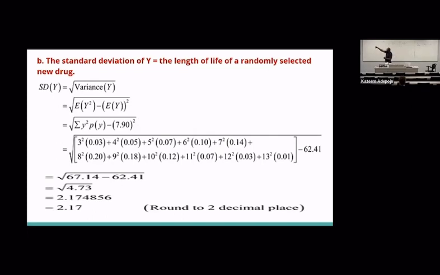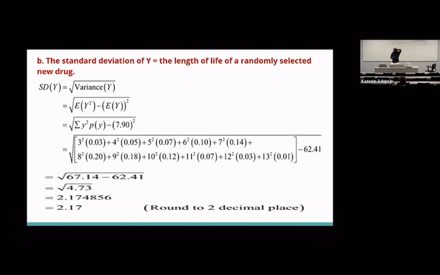Now, we want to find the standard deviation. Of course, the standard deviation is the square root of the variance. Why not use just the variance? The reason is that the variance is in a square unit. The unit of the mean and the unit of the variance are not the same.